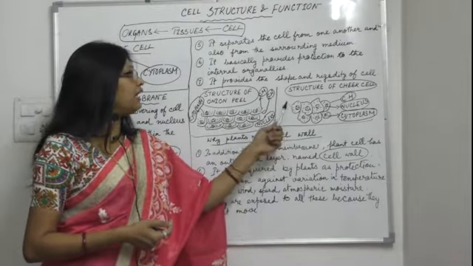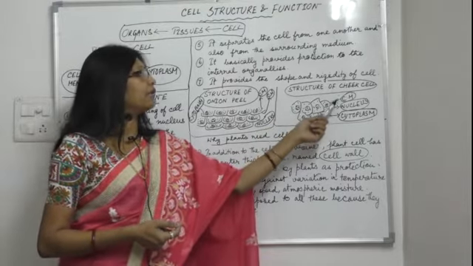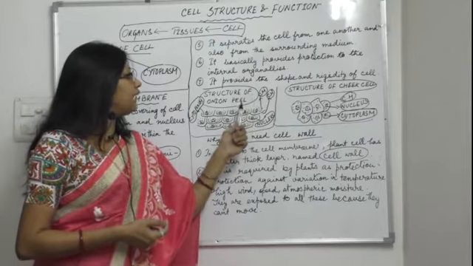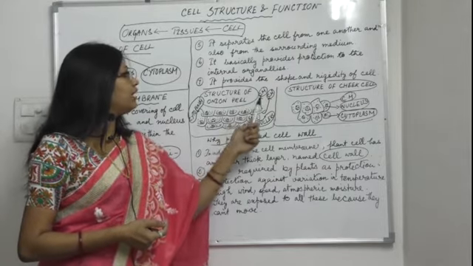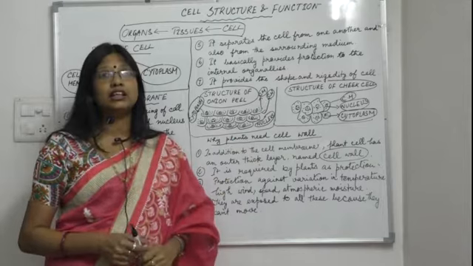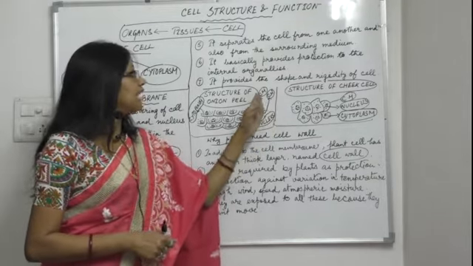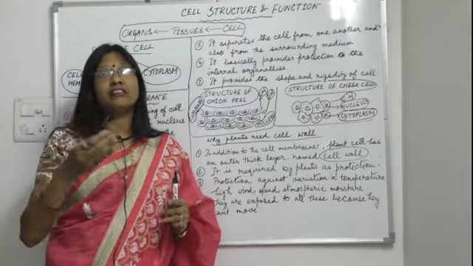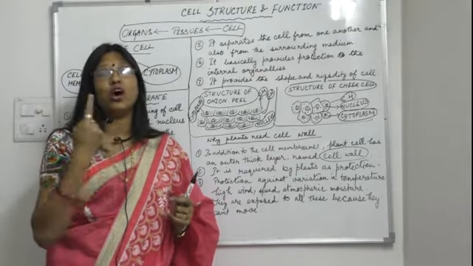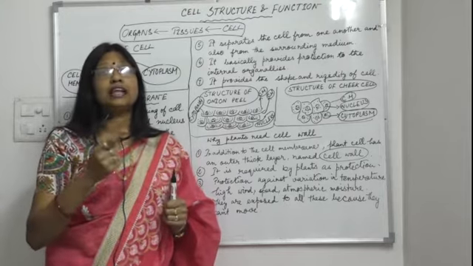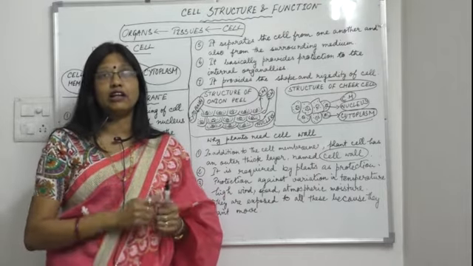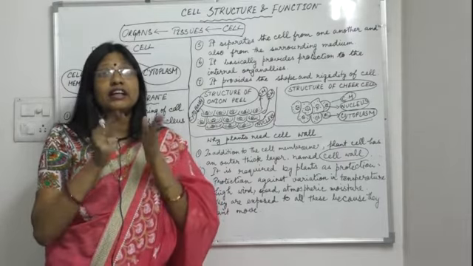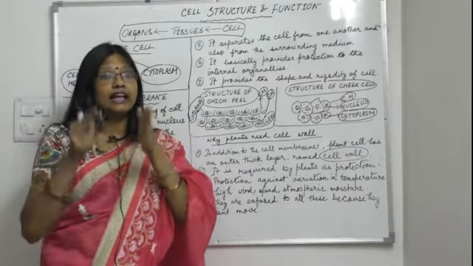In an animal cell, you will have only the cell membrane. So the difference is that a plant cell has a cell wall in addition to the cell membrane, while an animal cell does not have that cell wall. This is the difference between plant cell and animal cell.